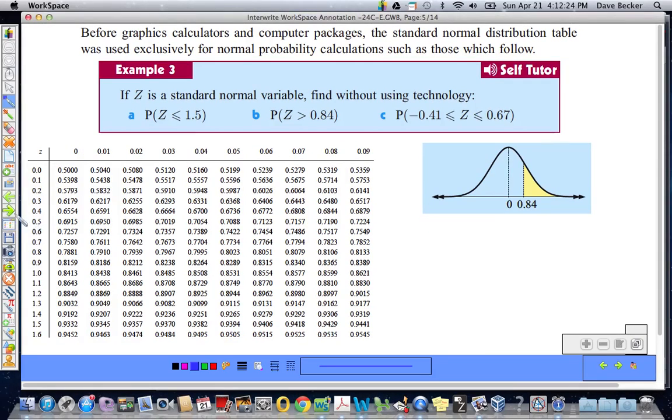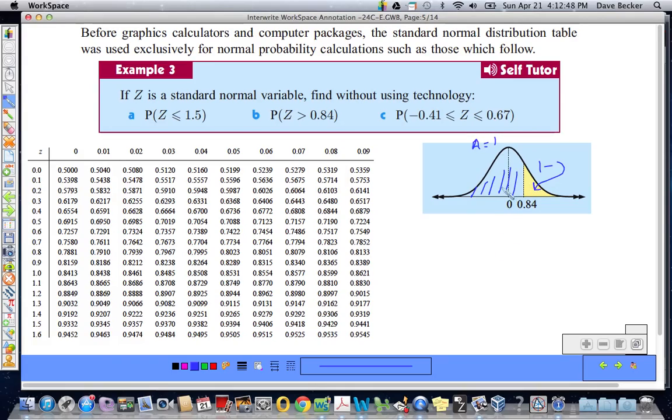Here we're being asked, what's the probability that z is greater than 0.84. Well, remember, the area under this curve, the standard curve, is equal to 1. So if I take 1 minus this area, I get this area.